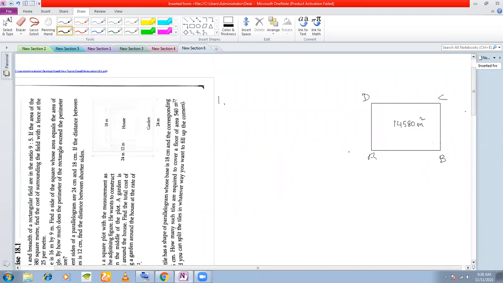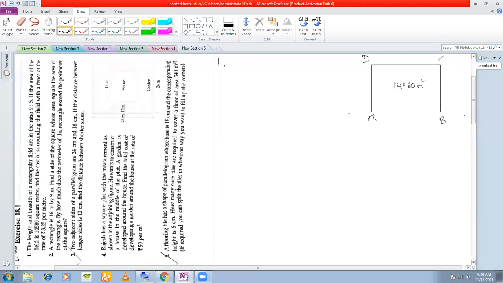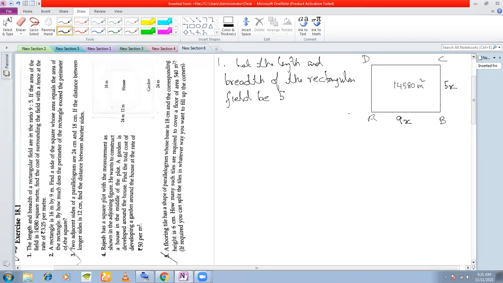First of all, see that the length and breadth of the field are given to be in the ratio 9:5. That means I can take the length as 9x and the breadth as 5x. So I start by saying, let the length and breadth of the rectangular field be 9x and 5x respectively.